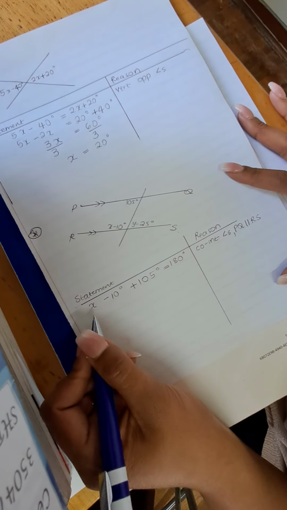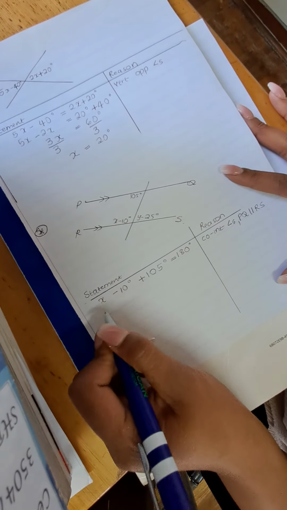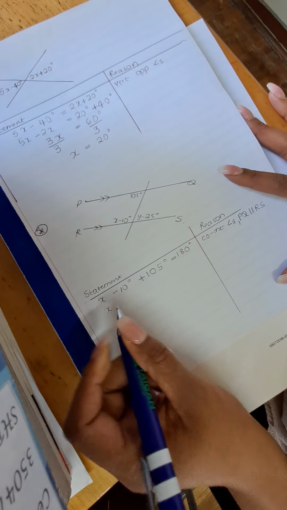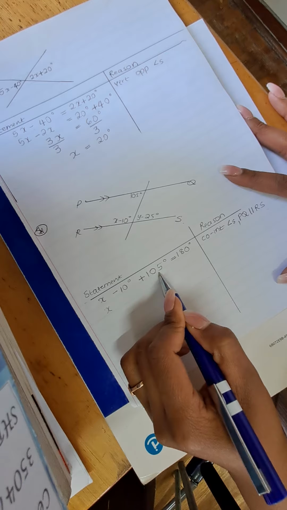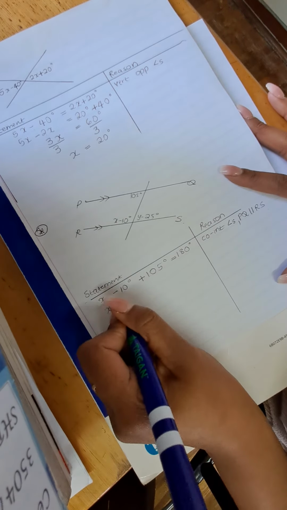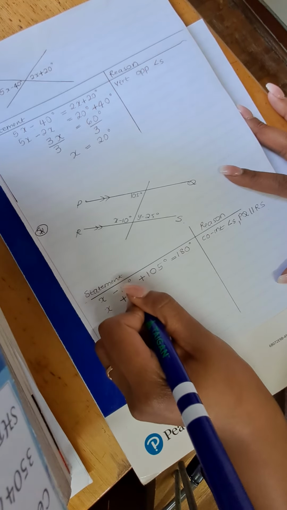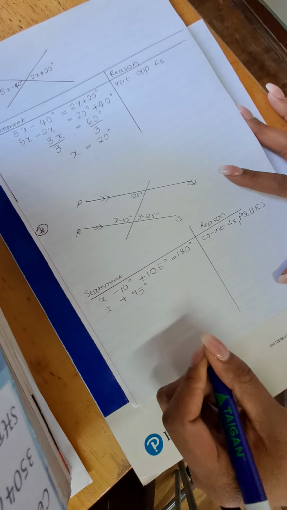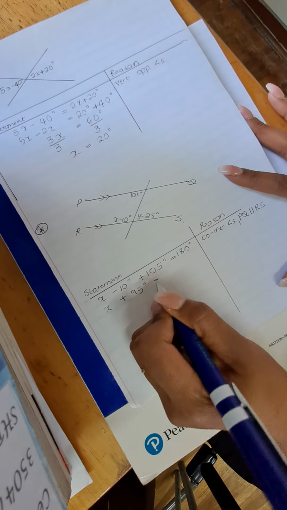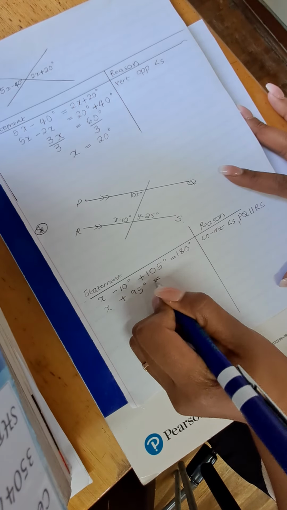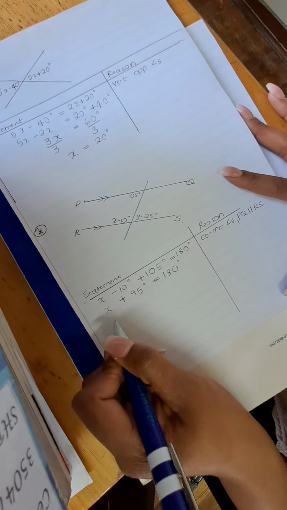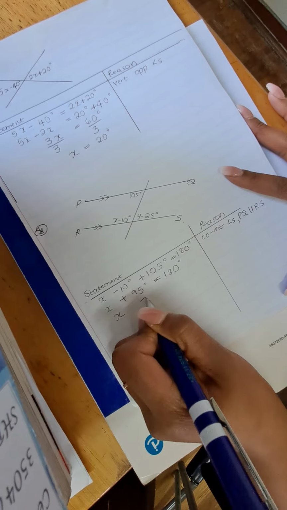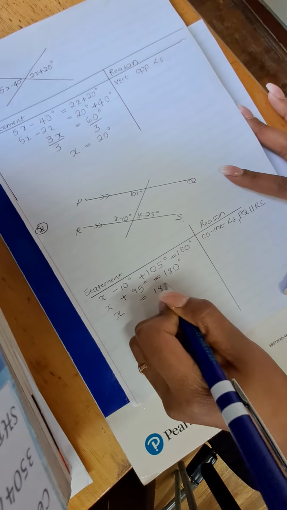Alright, then we are solving for x. If you can see, you bring down x as it is, you are having negative 10 degrees plus 105 degrees. When you press that, you must get positive 95 degrees equals to 180 degrees. You bring down x equals to 180 degrees.